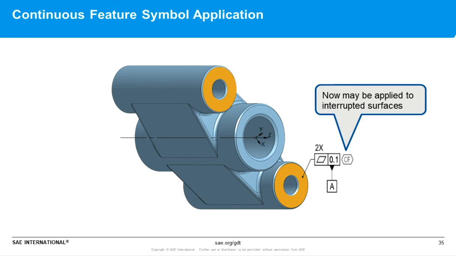Now in this standard, it's clarifying, well, you could have interrupted surfaces, and if you have a geometric tolerance associated with those interrupted surfaces, like this flatness tolerance we see here, you then can specify the CF symbol next to the feature control frame to convey it applies to both interrupted surfaces as if they were one surface instead of two. And also notice the 2x above the feature control frame, so you can clarify exactly how many interrupted surfaces are included in that continuous feature specification.